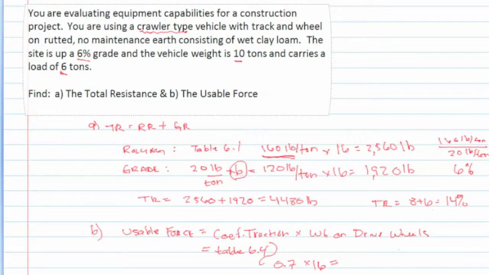You can transfer it to pounds for some of your future calculations, but I'll just keep it consistent here. So 16 times 0.7 equals 11.2, and that's tons. So you can convert that to pounds. You can continue on with pretty much the same calculations that you did for the wheeled vehicles, but just a couple things to watch out for in there that you don't get stuck on. Alright, so that's it.